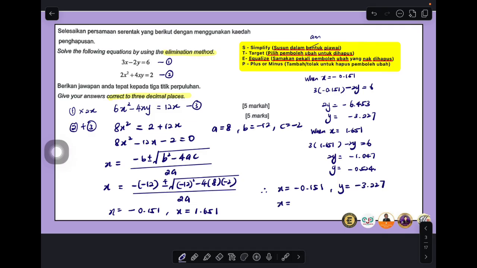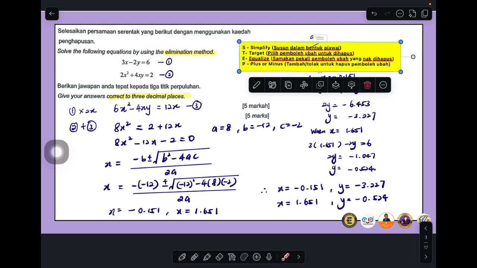X equal to 1.651, Y is equal to negative 0.524. This is better to make sure the markers easily mark your answer. Must make sure show all the workings, even though you can use your calculator to check. So please remember the steps.